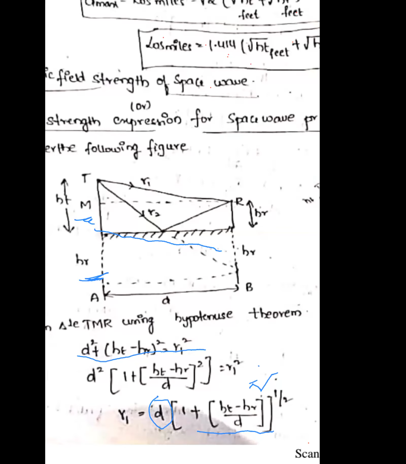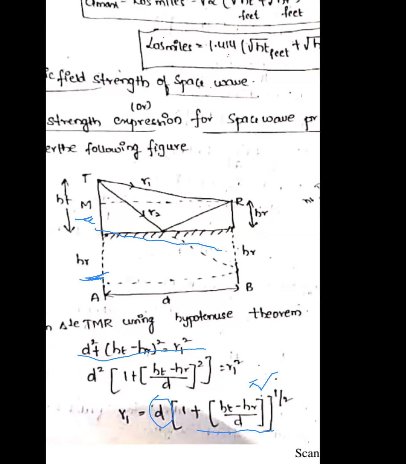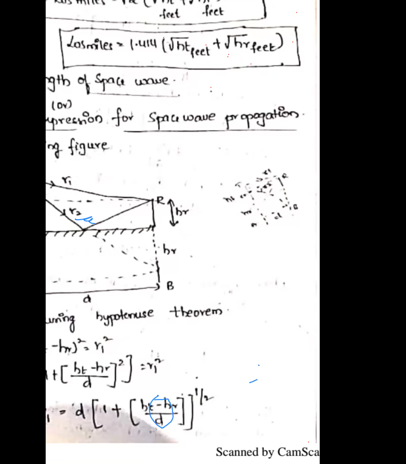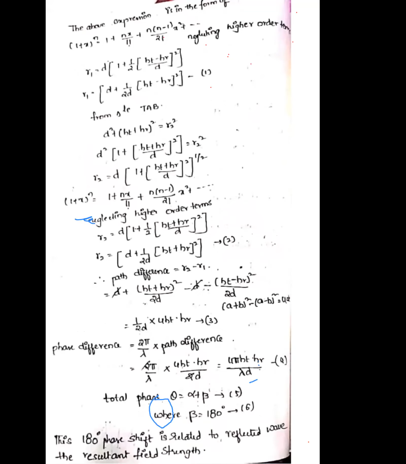This represents a binomial expression in the form of (1 plus X) whole power N. Now for (1 plus X) whole power N, the formula is 1 plus Nx by factorial 1 plus N into (N minus 1) by factorial 2 into X square plus N into (N minus 1) into (N minus 2) by factorial 3 into X cube plus so on.